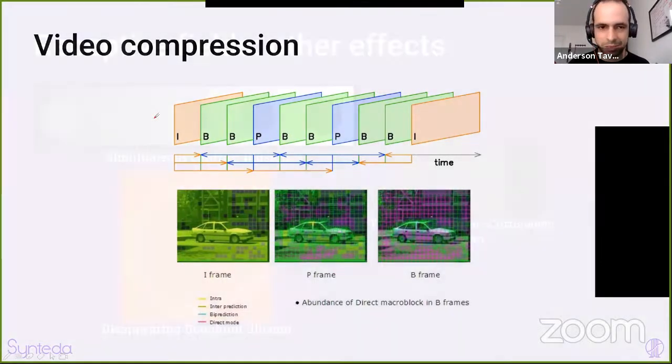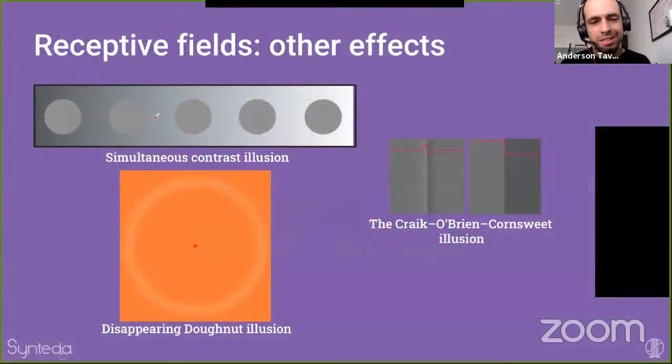Let's see more. There are some other effects for these receptive fields, like if we have a dark background or a light background, this also affects the perception of the circle. So we can ask which circle is darker, if it's on the left or on the right.